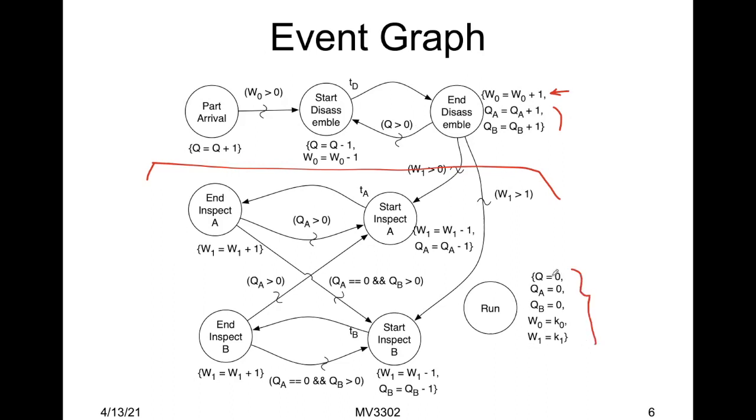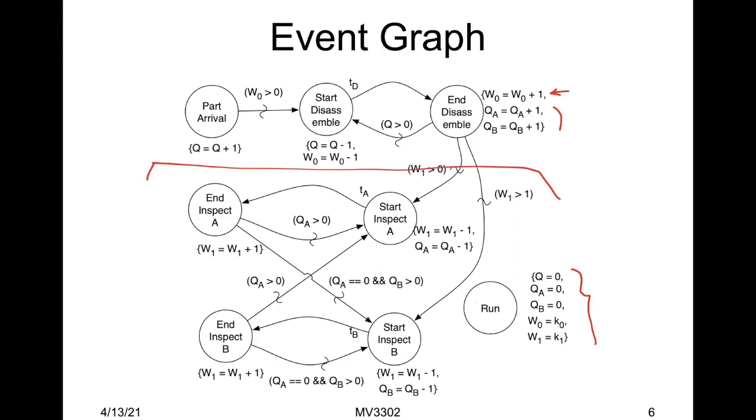The run we can always put down: none in the part queue, none in the A and B queues. The disassembly worker count is the number that we have, and the inspection worker count is the number we have there. So again, this piece of the model is fairly straightforward.